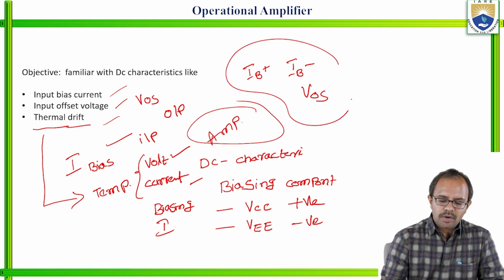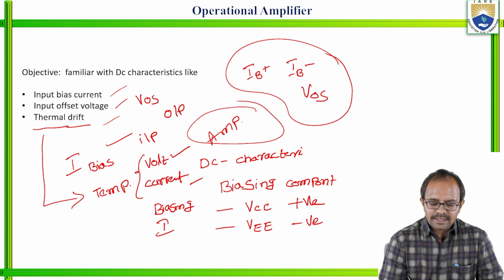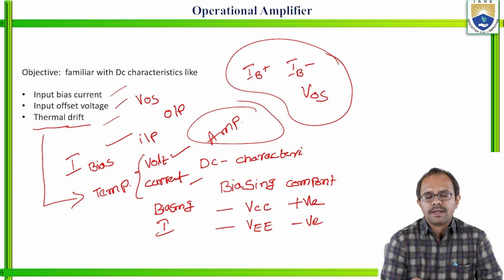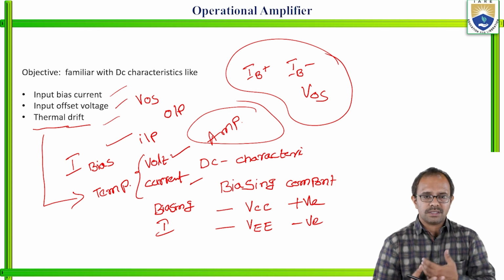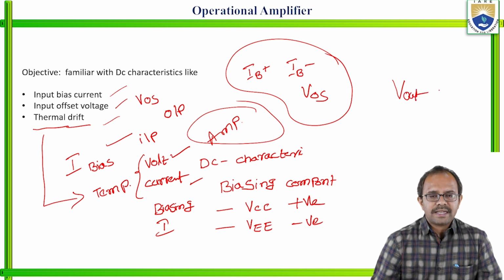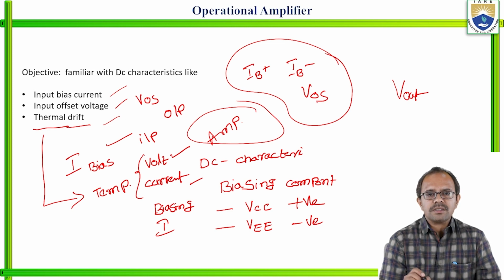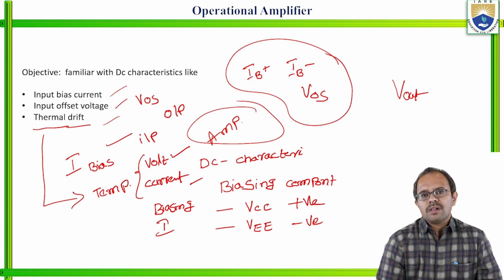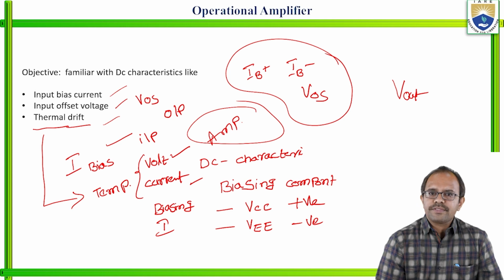So you need to highlight your discussion of DC characteristics, keeping these 3 parameters in mind, how they are going to occur, how they are going to affect one another, how they are going to impact your output voltage, V out, right? So these are the three parameters that talk about the DC characteristics of operational amplifier, basically called DC components: bias currents as well as the offset voltage.